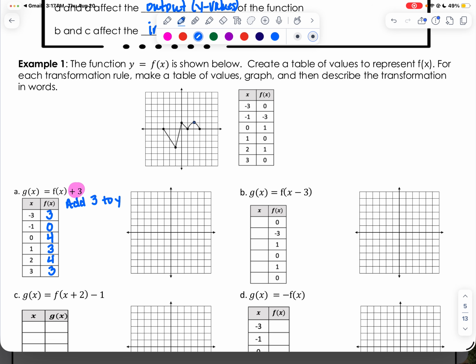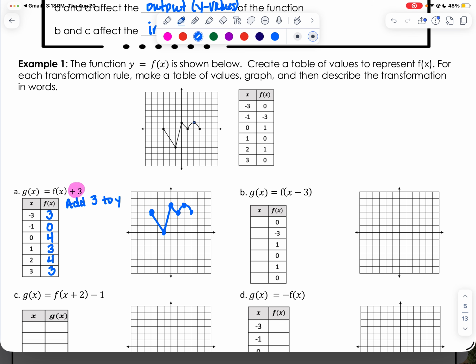So I'll put a point at negative 3, positive 3, negative 1, 0, 0, 4, 1, 3, 2, 4, and 3, 3. Now I'm going to connect those dots as straight as I can here. And then we're going to compare it.